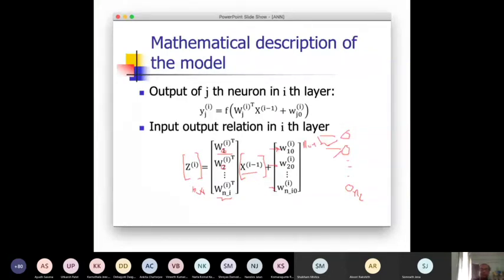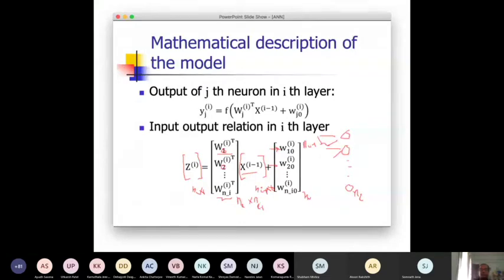It is the same input, so the dimension of this one would be n_{i-1} cross 1. The dimension of the weight matrix would be n_i cross n_{i-1}, because you have n_i weight vectors, each row of n_{i-1} dimension. And naturally, the bias will also be n_i cross 1.